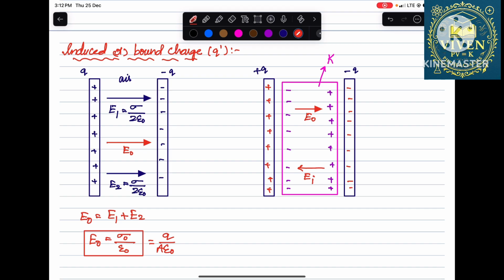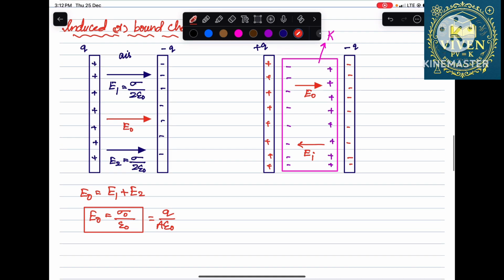The net electric field because of the presence of the dielectric between the charged plates is E. This E is the resultant of two electric fields: the initial electric field E naught and the induced electric field EI. We get a net electric field E because of the presence of the dielectric.